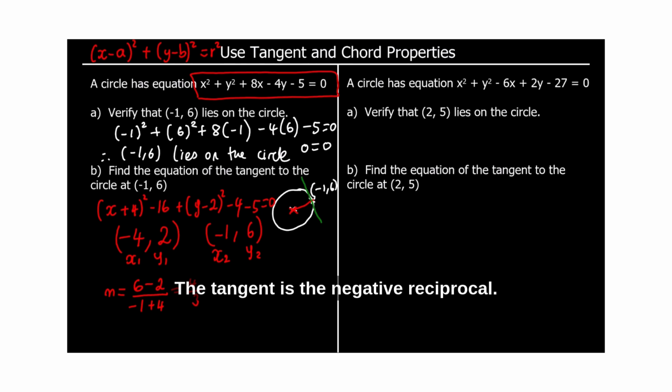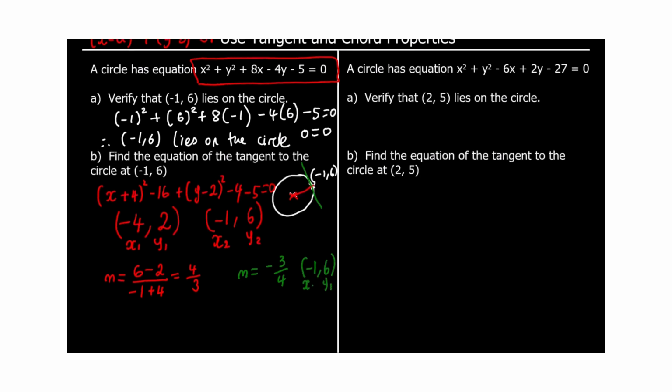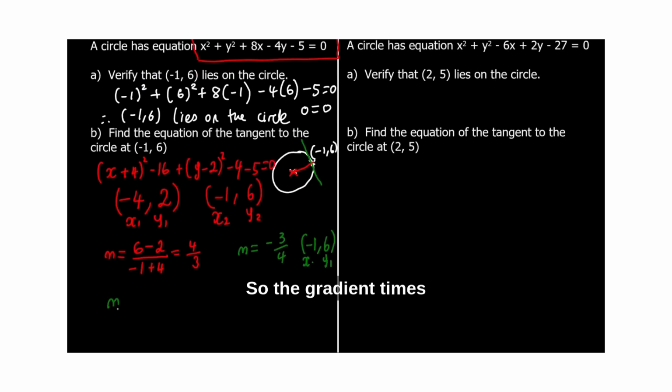For the tangent, it's the negative reciprocal, minus 3/4. And we know the point is negative 1, 6. So we've got x1, y1, and m. So the gradient times x minus x1 equals y minus y1, and substitute them in.